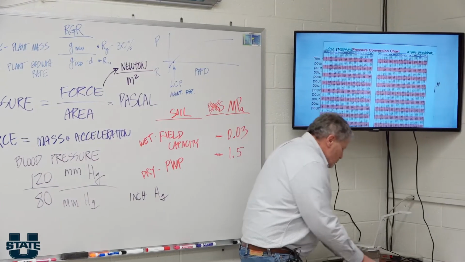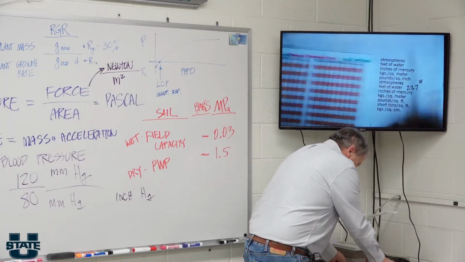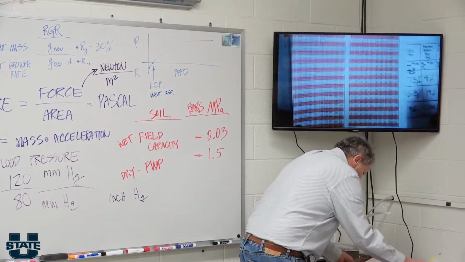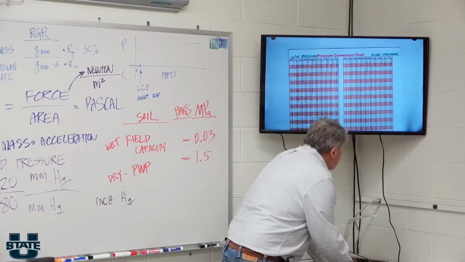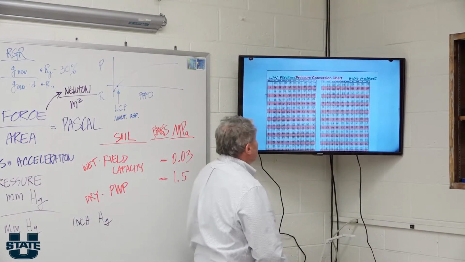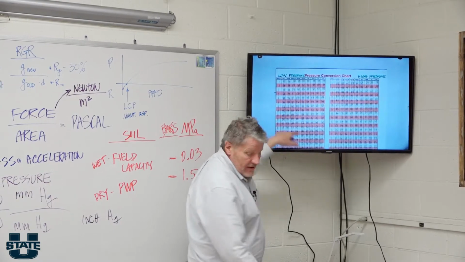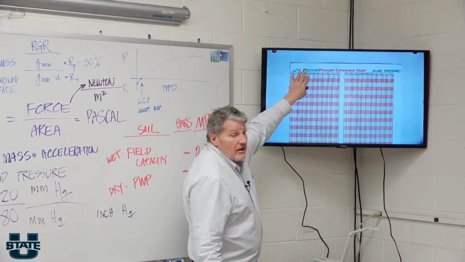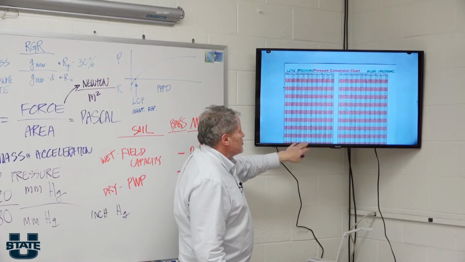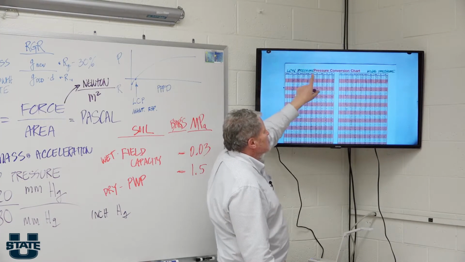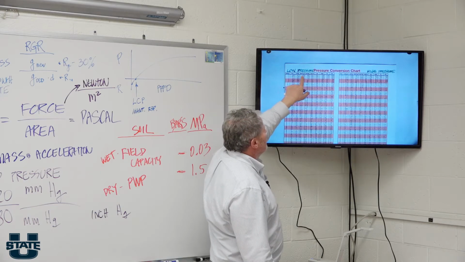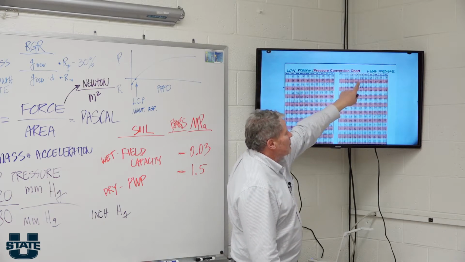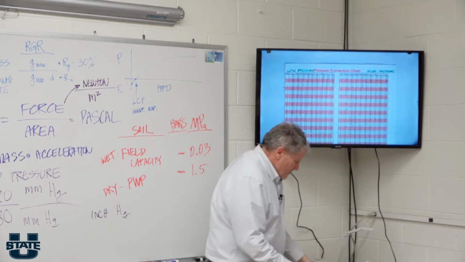This is a huge conversion table. It's way too small to read, and I could give this as a handout. This whole side is low pressure, it's a lookup chart with units here, and you go back and forth, and this column is high pressure.